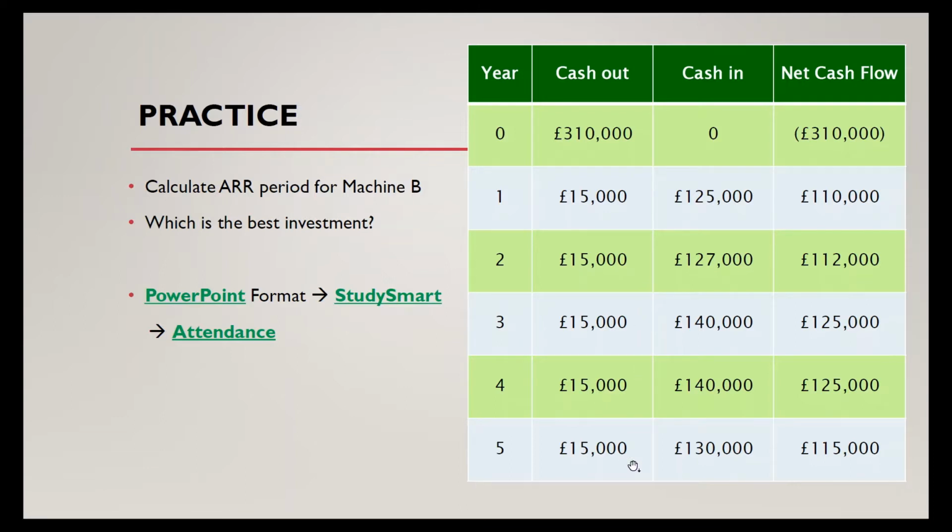The cash flow that can be generated by the machine will fluctuate from around £125,000 to around £140,000 per year. Given this information, students are asked to calculate the ARR and to compare whether machine B is a better investment or machine A from the last video.